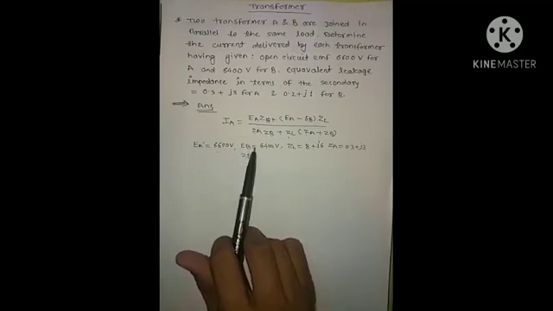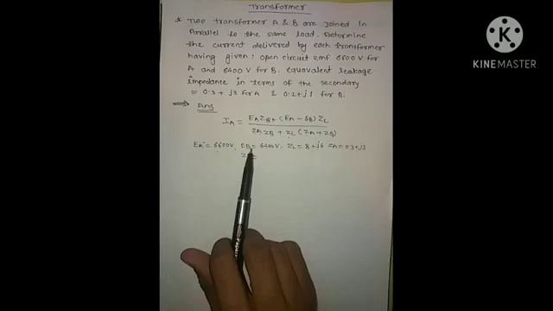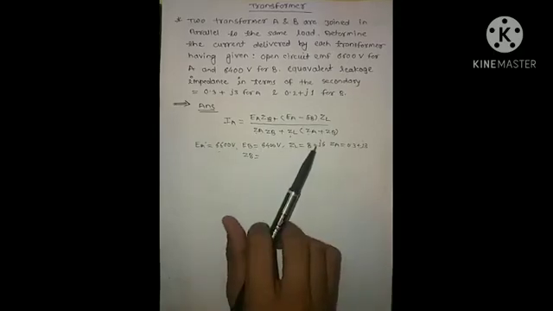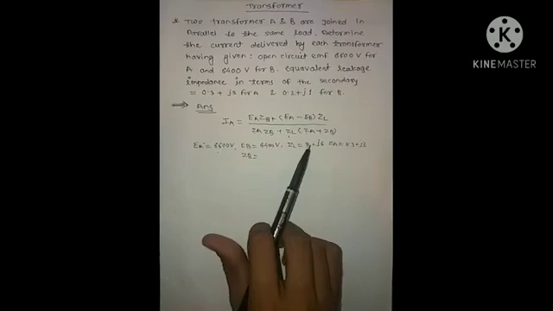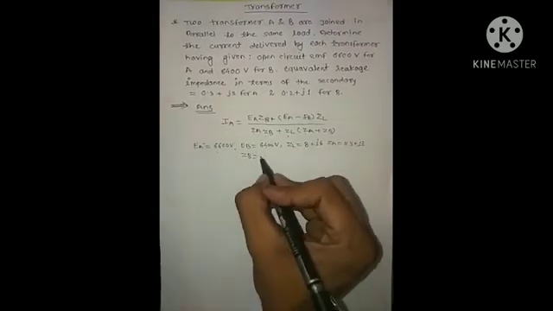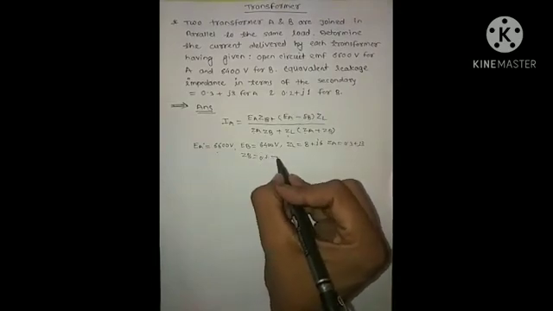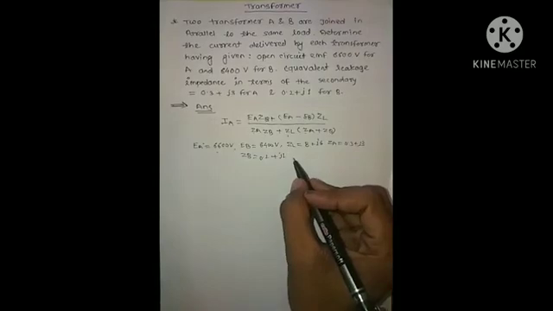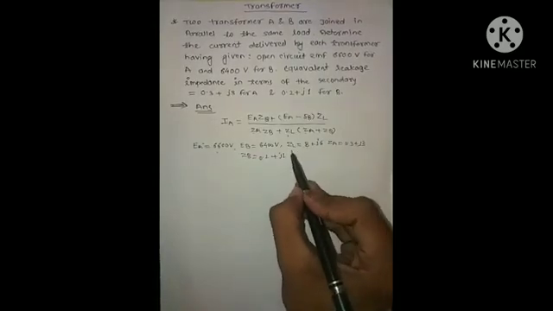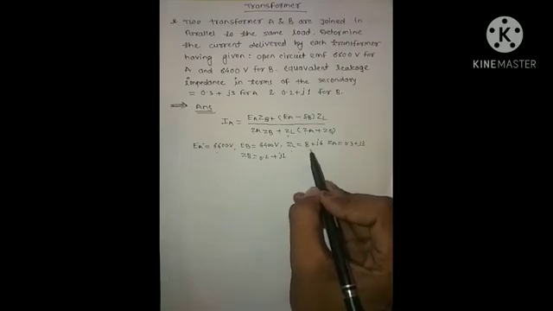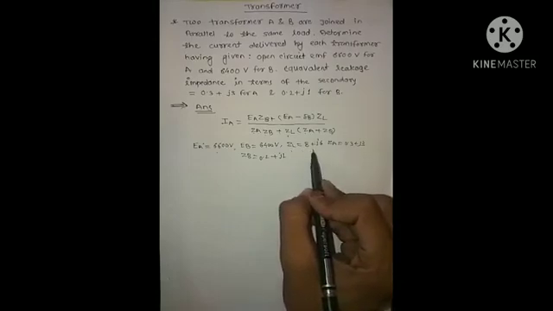The equivalent leakage impedance of the secondary is ZA equals 0.3 plus j3 for A, and ZB equals 0.2 plus j1 for B, and the load impedance is 8 plus j6. Using this data we find IA.